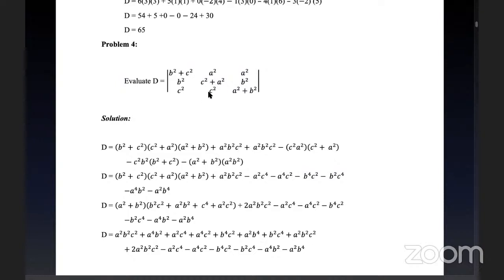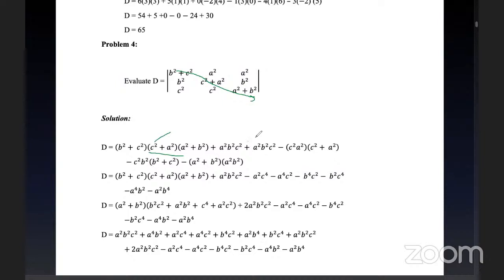So the same idea lang. So b squared times c squared. Yan, itong sa principal diagonal natin yun yung first term. Since 3 by 3, so there are 6 terms.